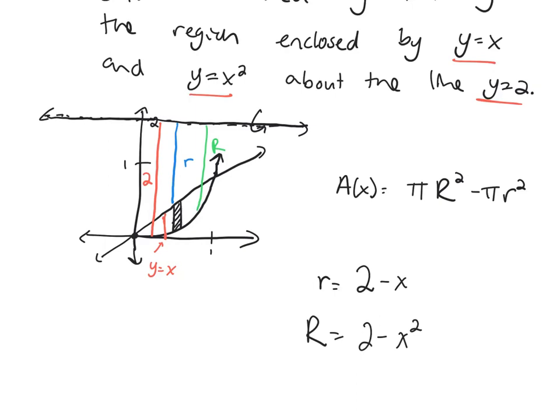The big R. So I wanted this green part here. This is my big R. So I go a distance of 2, but then I've got to subtract off this extra distance here at the bottom, which comes from the equation y equals x squared. So I subtract x squared.